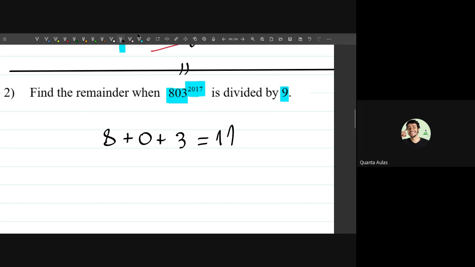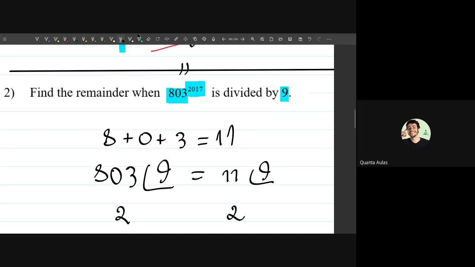So if you divide 803 by 9, the rest will be 2. It is equal if you divide the sum of the digits. So it's easier for us, because we can work with 803 or with 2, since we are interested in the rest.